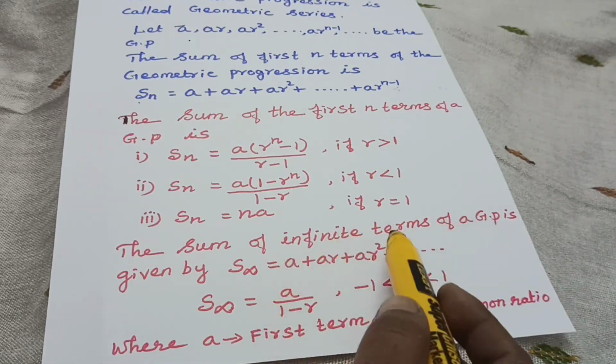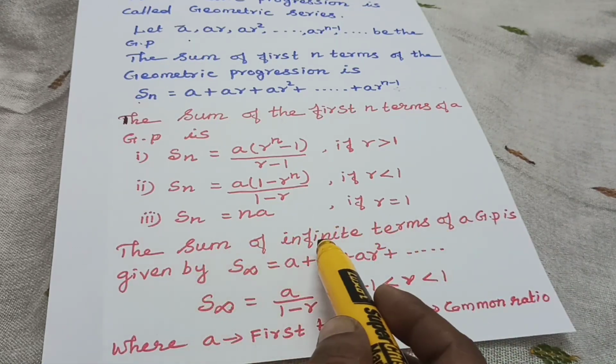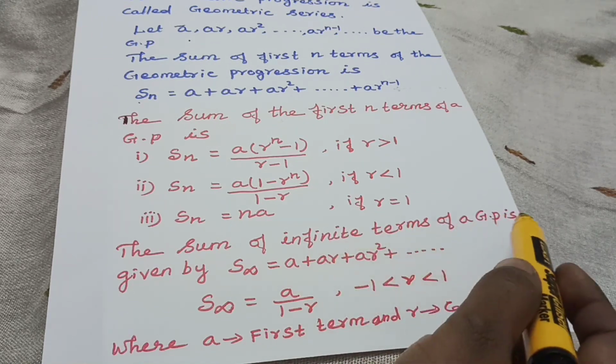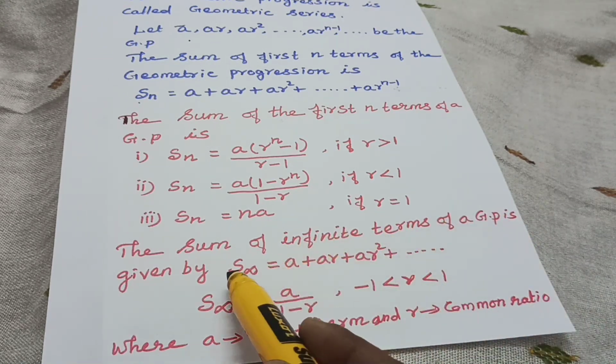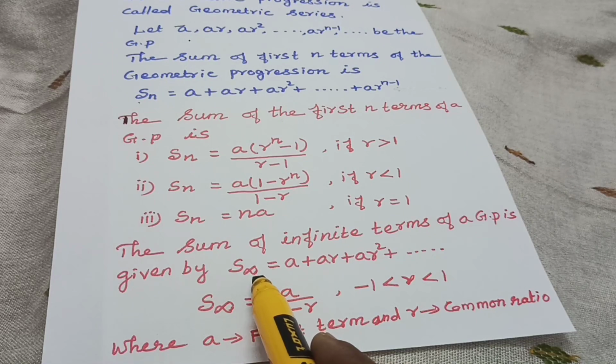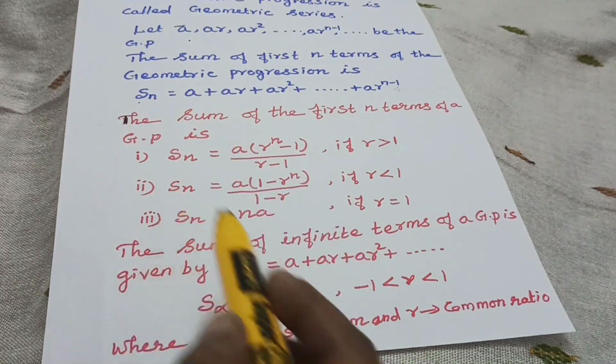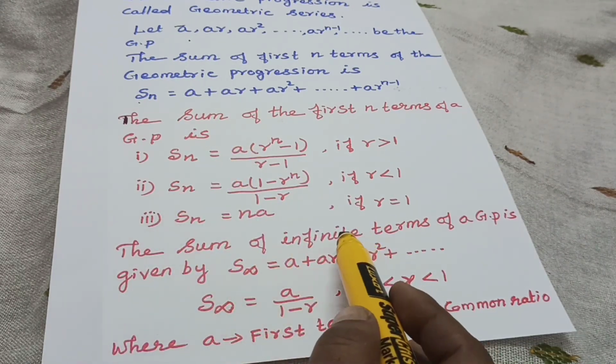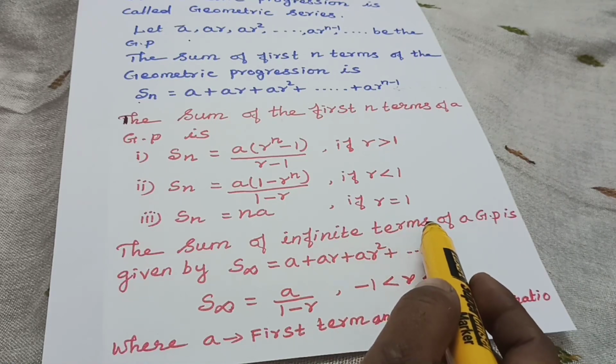One more formula is there. The sum of the infinite terms of a GP, that is S infinity. N terms means Sn, like that here, infinite terms.